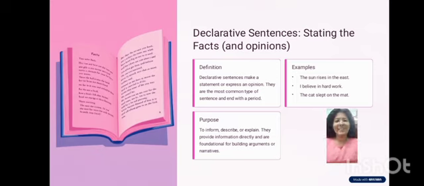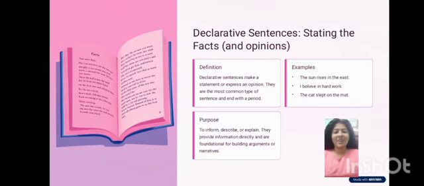Structurally, they usually follow a conventional grammatical order, making them easy to understand and interpret. The tone of declarative sentences is generally neutral and objective, though it can also reflect certainty, doubt, or emphasis depending on the context. Now, let's see the definition of declarative sentences.